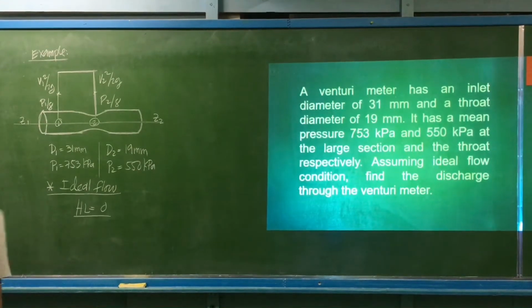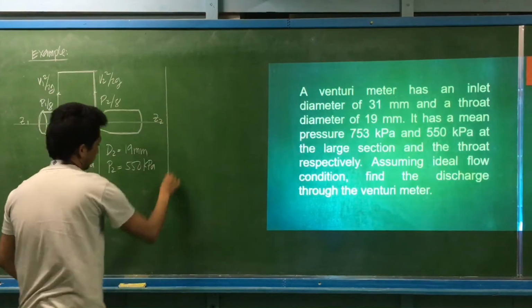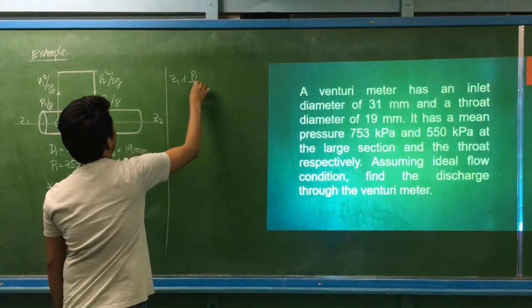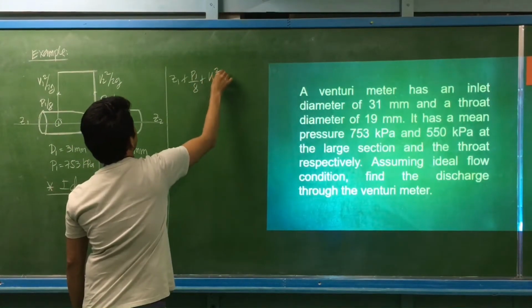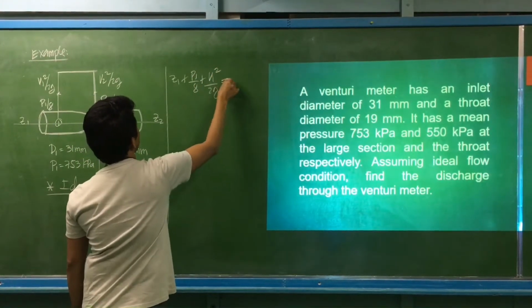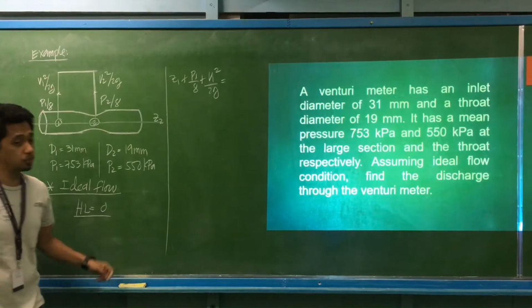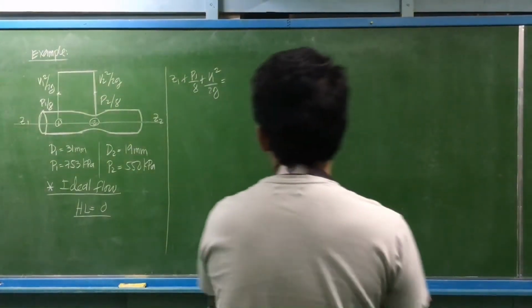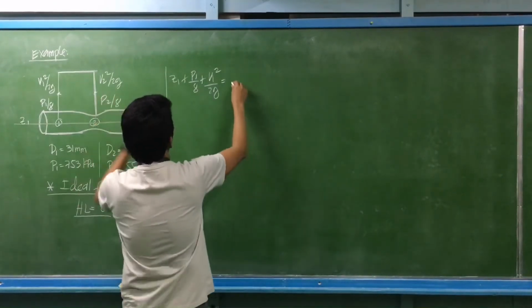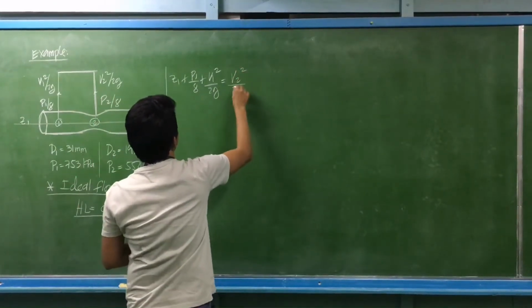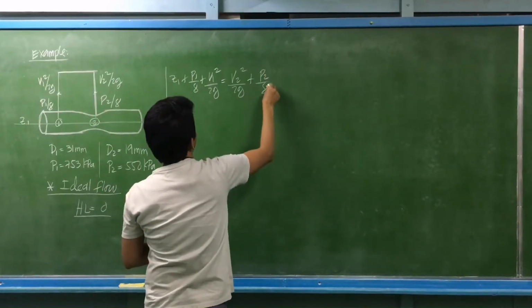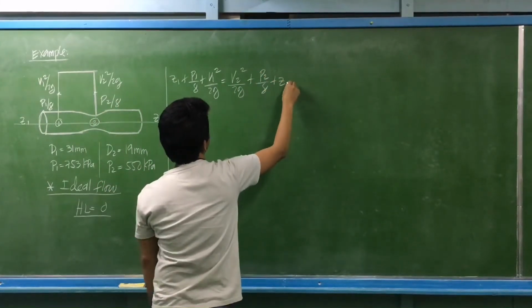Okay, if you are to construct the equation, we have Z1 plus P1 over gamma plus V1 squared over 2g is equal to, since head loss is equal to 0, V2 squared divided by 2g plus the pressure at 2 over gamma plus elevation at 2.